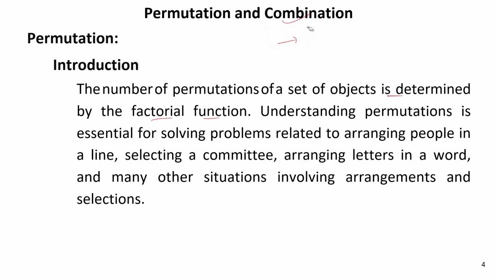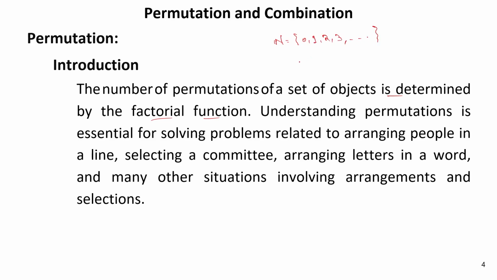So what is the factorial function? The factorial function is usually defined on the set of positive integers, that is, natural numbers, n equal to 0, 1, 2, 3, and so on.